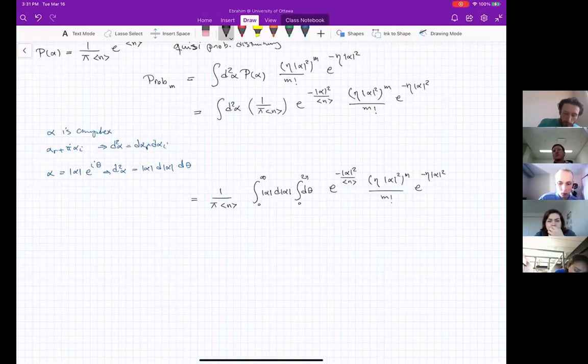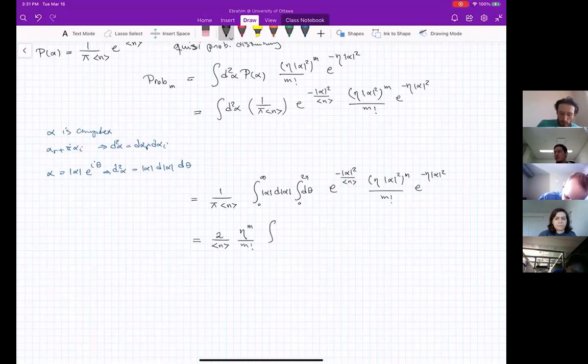The integration on theta will give you 2 pi, because there is nothing really depending on theta there. So the 2 stays, and pi goes away. So we have 2 divided by the average photon number n. Then eta to the power of m and m factorial can be factored out.